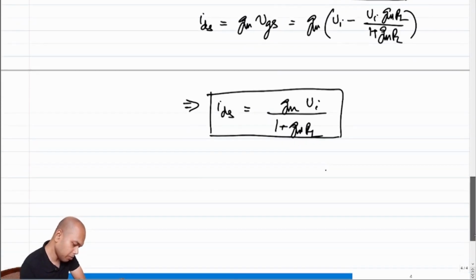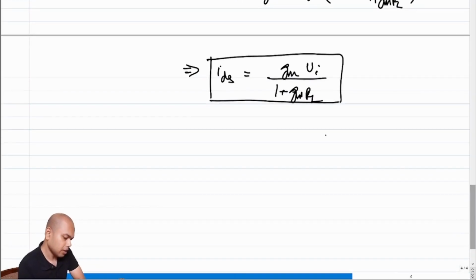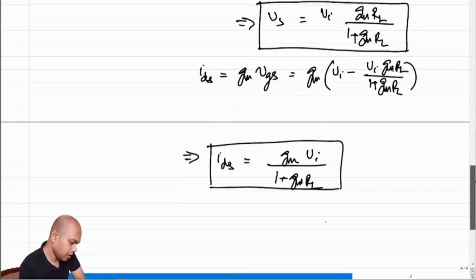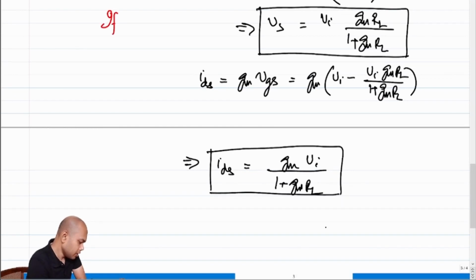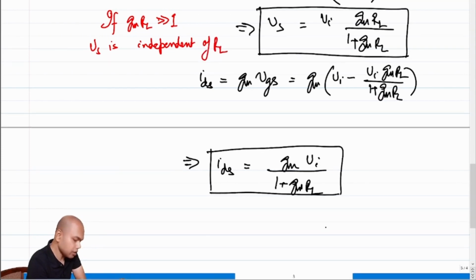Okay. So before we proceed, let me draw your attention to one more level of detail. In the previous lecture, we saw that if GmRL is much greater than 1, right, then Vs is independent of RL, and hence this was a voltage source, right? Or in other words, Vs in this case is equal to Vi.